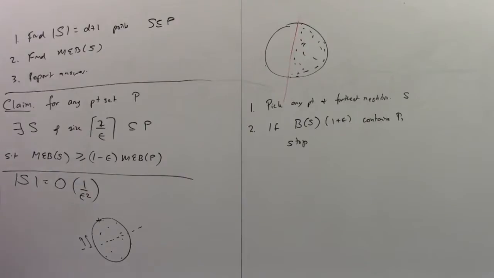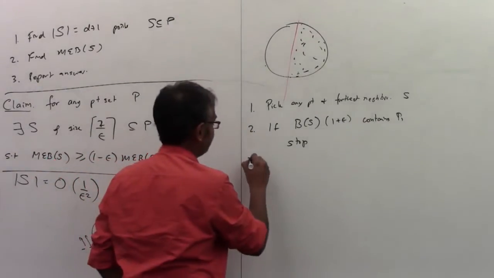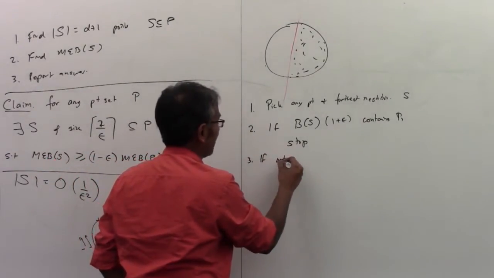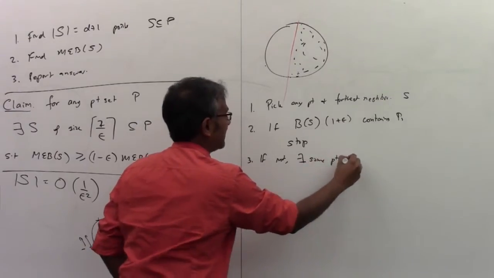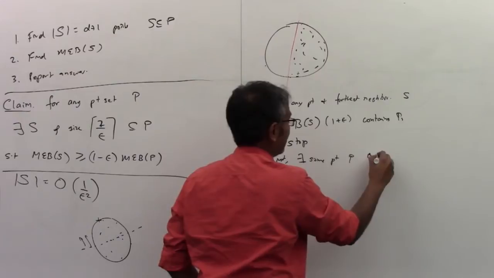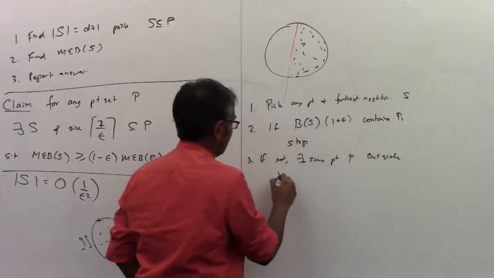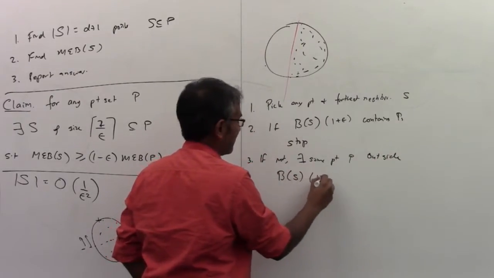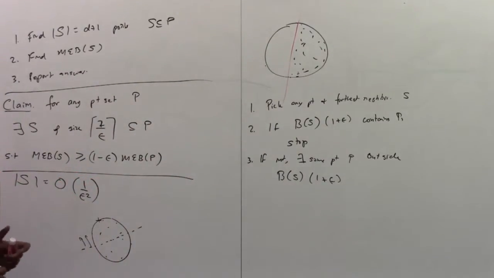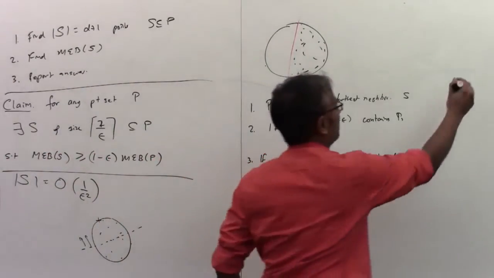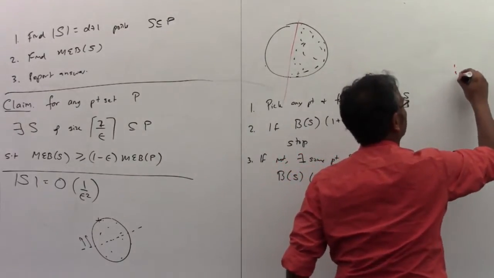Okay, all right. If not, there exists some point P outside B of S times 1 plus epsilon. So there's some point that's far enough away from the ball. Right? So in other words, you get your initial points, and you look at the ball around them.